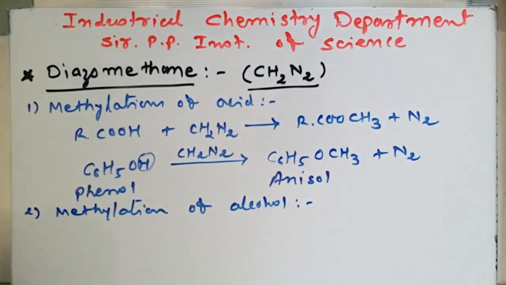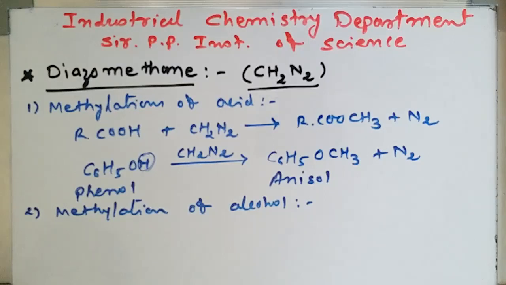Alcoholic compound. Alcohol can also be methylated by diazomethane in presence of ethylated boron trifluoride or fluoroboric acid as catalyst.